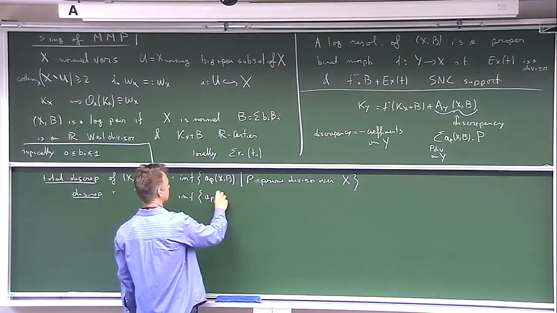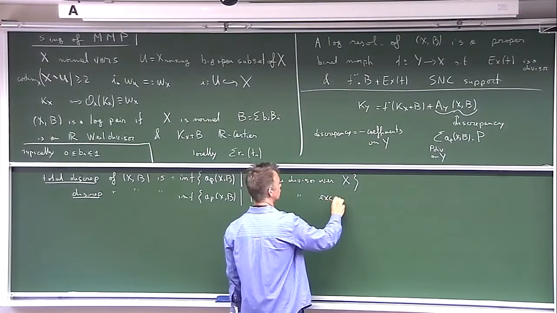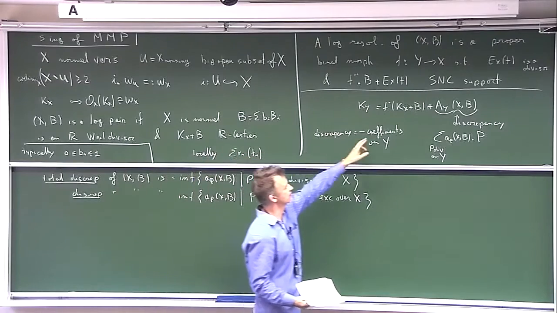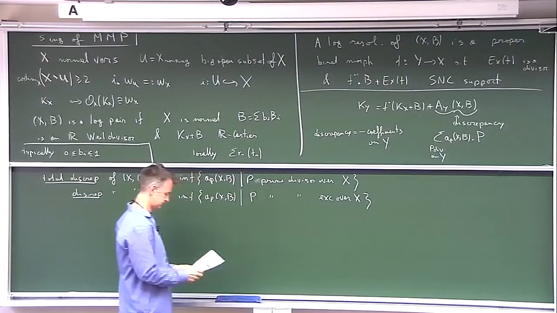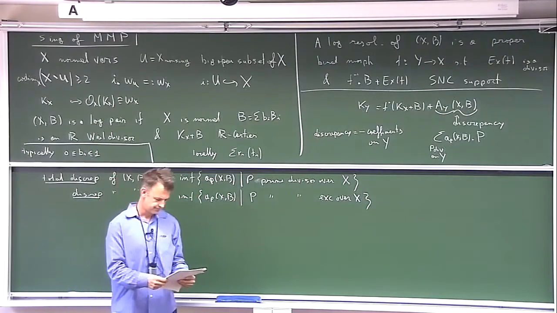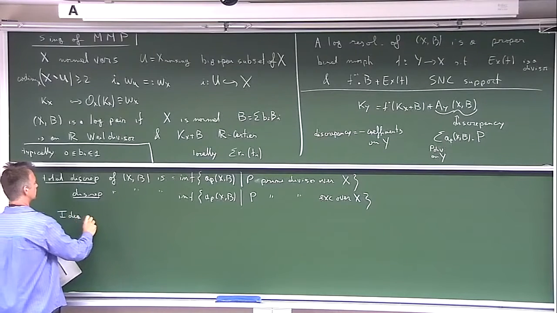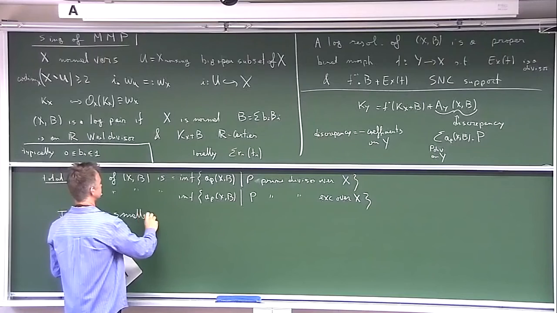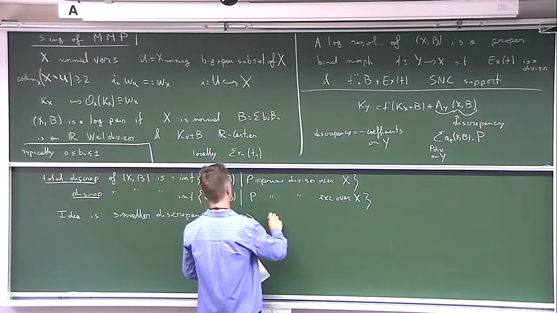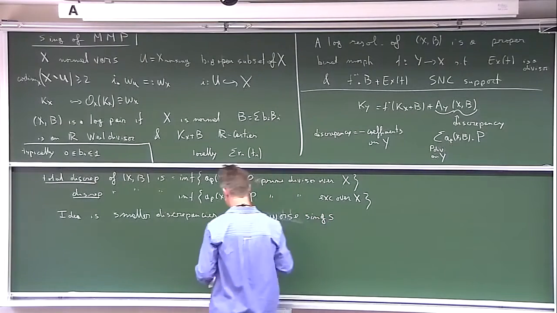It's almost the same thing, but here we only think about P, which are prime divisors exceptional over X. So we're considering essentially exactly the same divisors, except the ones that lie on X, most importantly, except the components of B. Okay, so the idea is that smaller discrepancies should correspond to worse singularities. So the bigger the discrepancy, the better your situation.